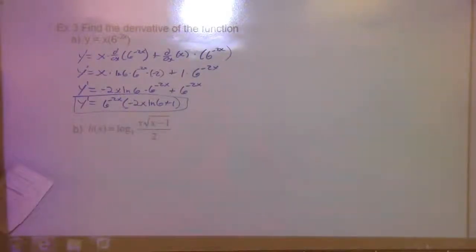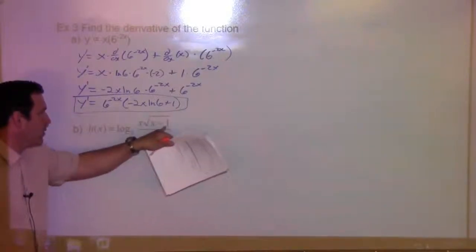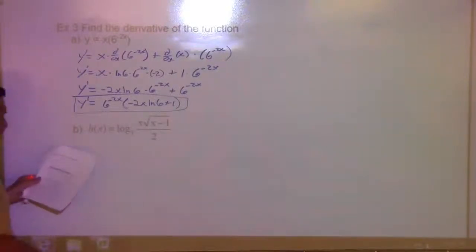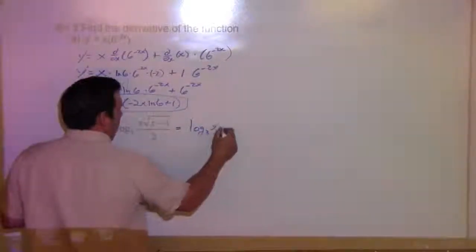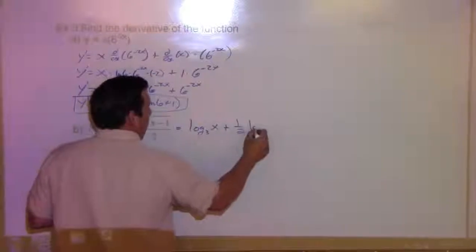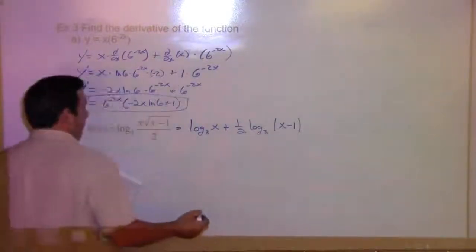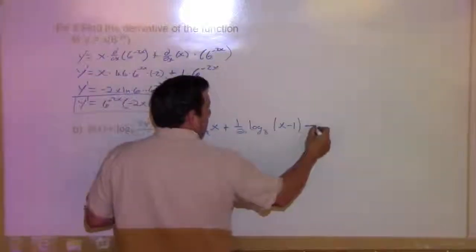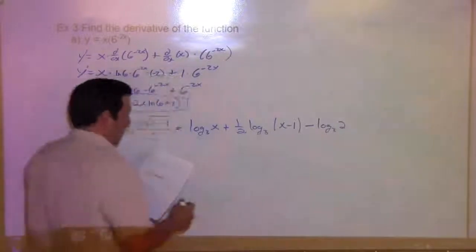For b, h of x equals log base 3 of x times the square root of x minus 1 over 2. I'd split this up and call this log base 3 of x plus 1/2 log base 3 of x minus 1 minus log base 3 of 2, and that one's just a constant.